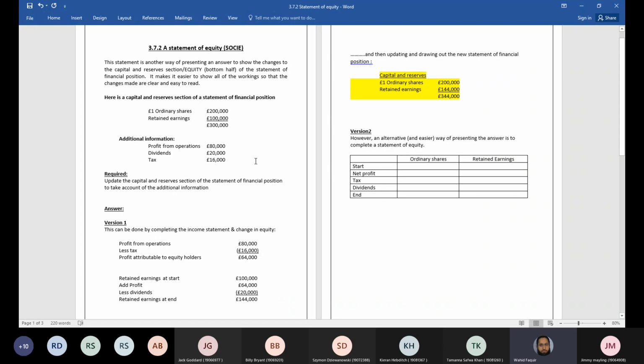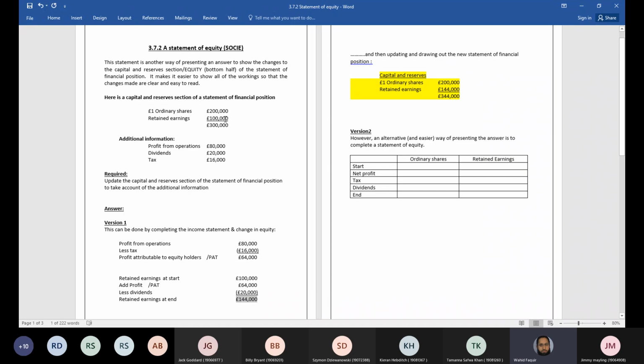So we've got retained earnings at the start of the period. Where do we get that from? There. We add the profit, but that profit is profit after tax, so that's where you get the 64 from. The 20 was given in the question as well. Take the 20 off, and we've ended up with a final 144.